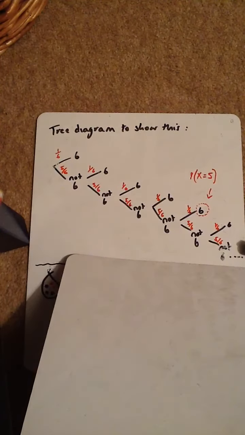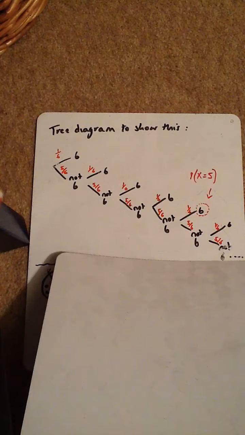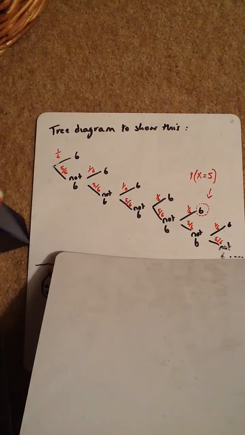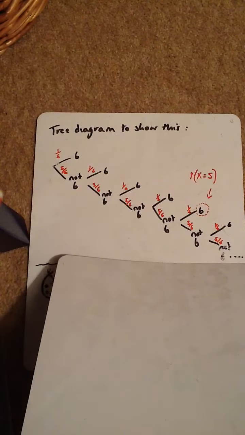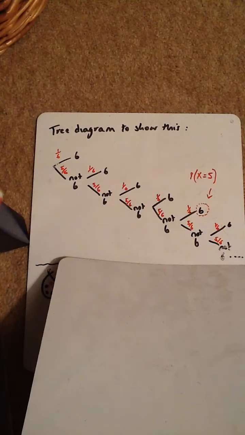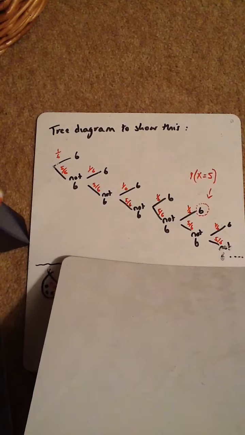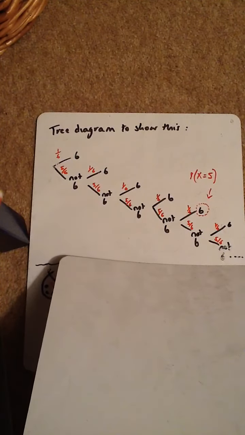it can go on forever, because theoretically I could roll the die 10 times, I could roll it 300 times, I could roll it 3,000 times before I get a 6. It would be very unlikely not to have got a 6 by the 2000th attempt, but it is theoretically possible.